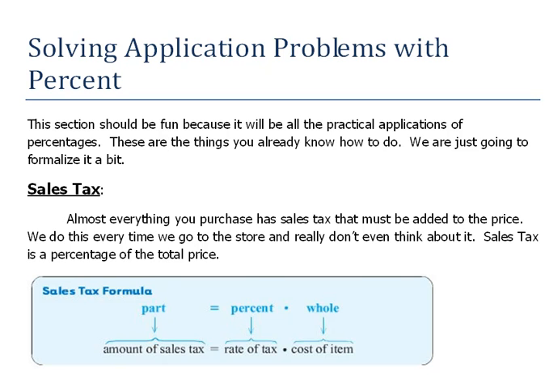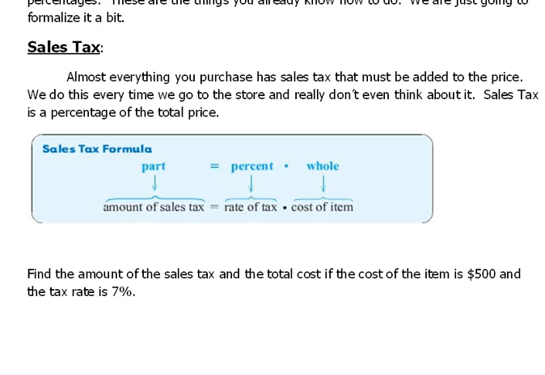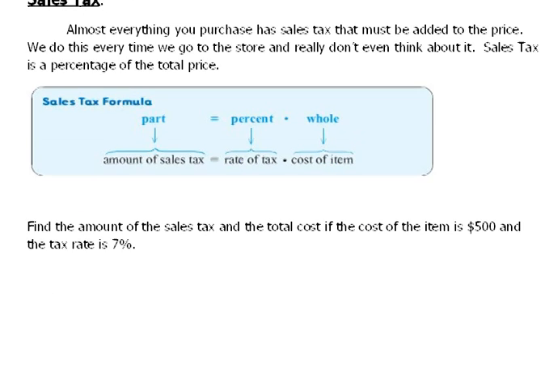Okay. Here we have our formula, I guess you could say, for figuring sales tax. And they say the amount of sales tax equals the rate of tax times the cost of the item. Well, that's true, but it might be a little bit better if we kind of restate that.